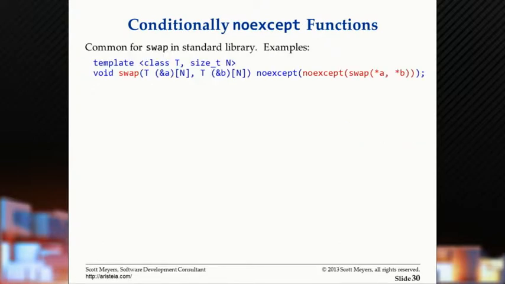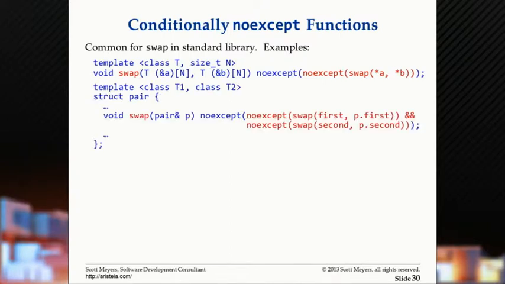This turns out to be really important, for example, for swap in the standard library. If you take a stroll through the standard library specification, looking at various swap functions, what you're going to find is that a lot of swaps are conditionally noexcept. So this happens to be swap for two arrays. And what this says is swap for two arrays is noexcept if swapping their individual elements is noexcept.